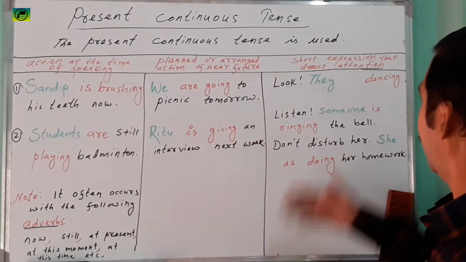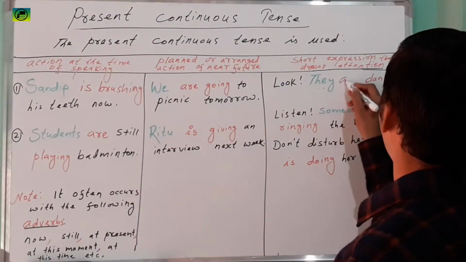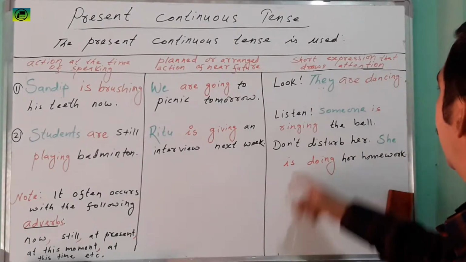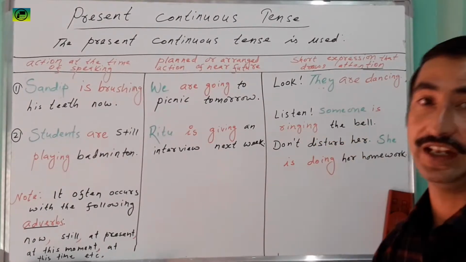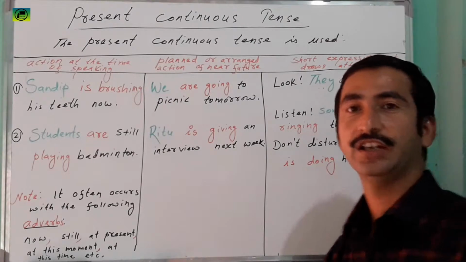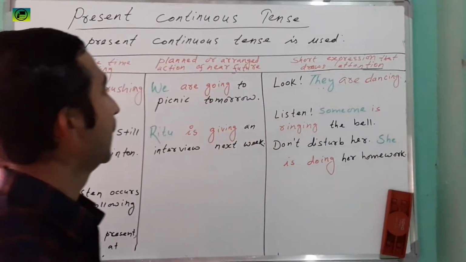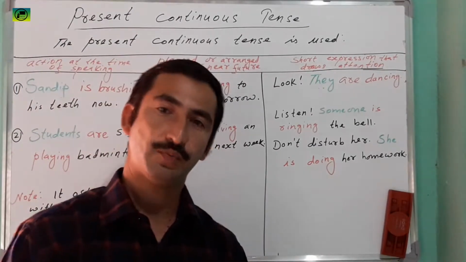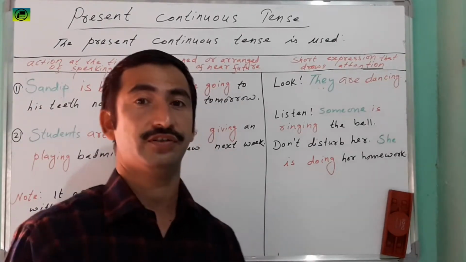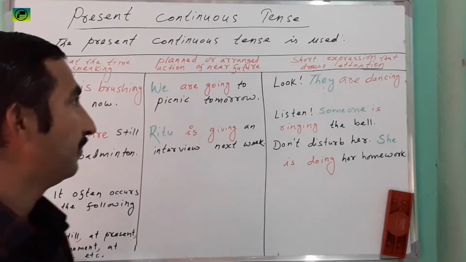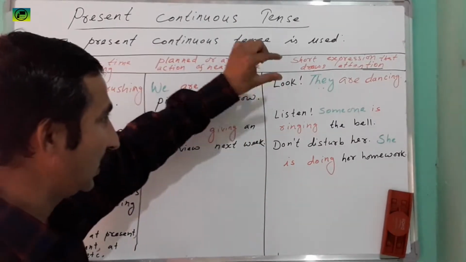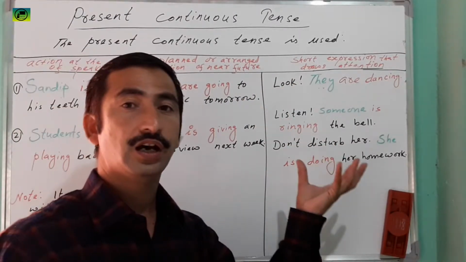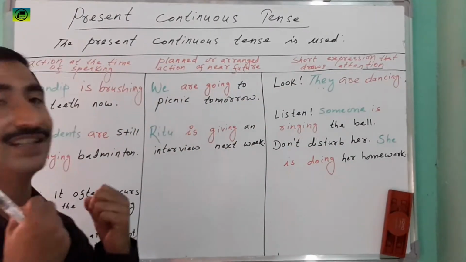Now look at, they are dancing. Now here, listen, someone is ringing the bell. And don't disturb her, she is doing her homework. Look, listen, don't disturb: these words and phrases are used to draw attention.